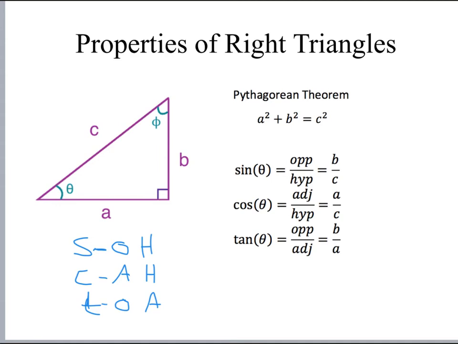If you just get in the habit of always assuming that one is sine and the other is cosine, you're going to be tripped up when you have the angle that's opposite to the one you're used to dealing with. So just be very careful about which angle you have and apply the definitions that you know.